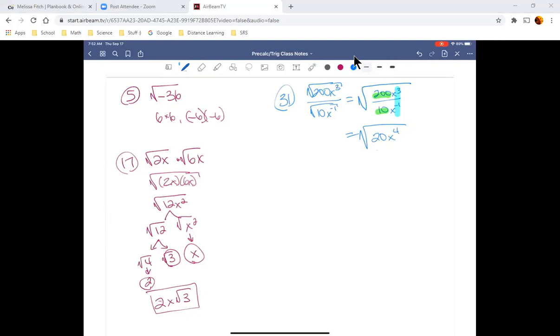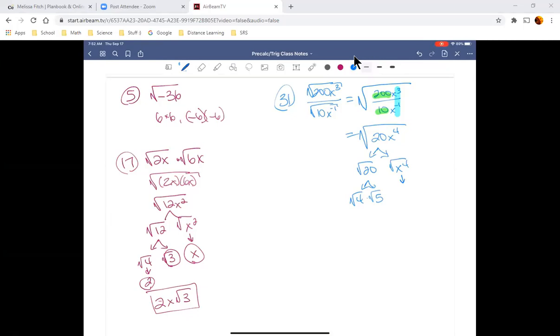So then now I can break these apart. So I can do square root of 20, square root of x to the fourth. Square root of 20 is going to give me the square root of 4 times the square root of 5. And then from here, you can sit there and go, what times what is going to get me to x to the fourth, or we can break it into x squared and x squared.